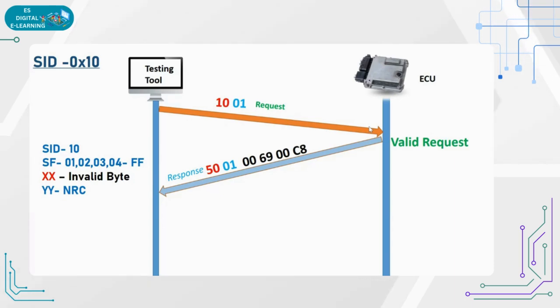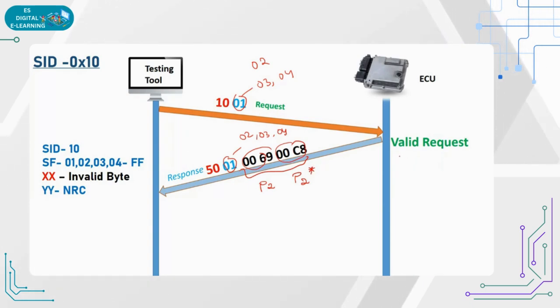Similarly, you can give 1003, 1004, whatever sub functions we know. Here it will repeat the same 1002, 1003, 1004. And these 2 bytes will be the P2, and another 2 bytes will be the P2 star.